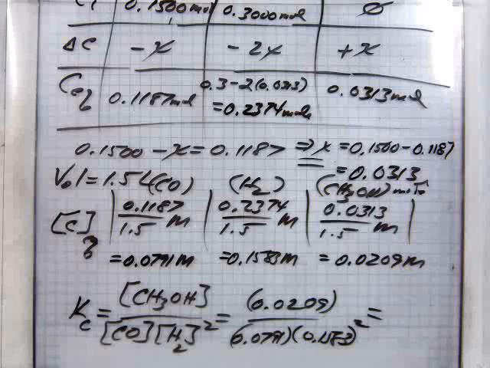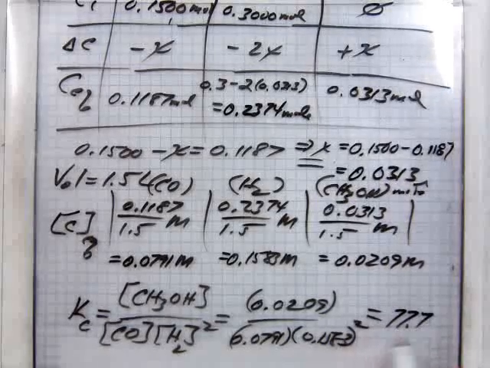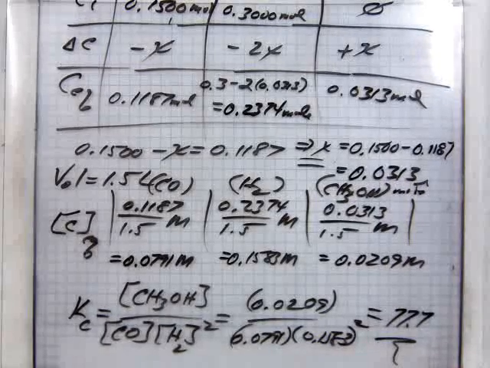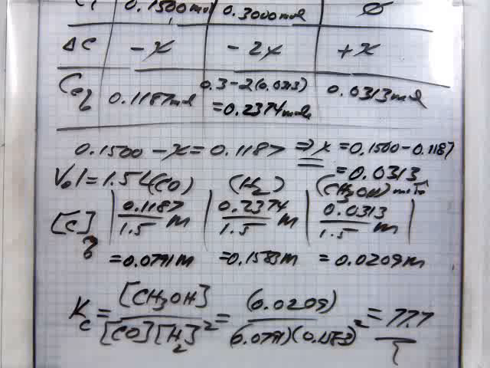And I find the decimal, 77.7 is your K value. Well, it produces more products than reactants at equilibrium under the conditions given.